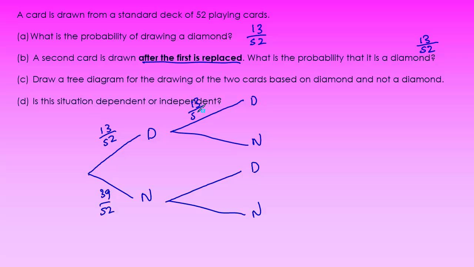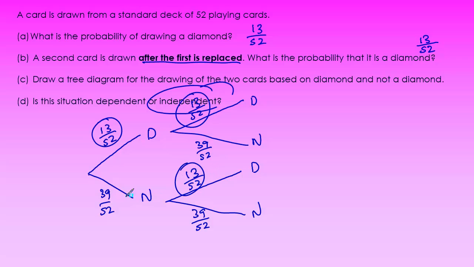So it's 13 out of 52, 39 out of 52, 13 out of 52, 39 out of 52. Is the situation dependent or independent? Well, this one is independent, and we can see that because the probabilities are the same irrespective of what happened before.